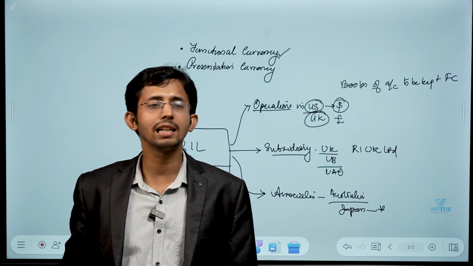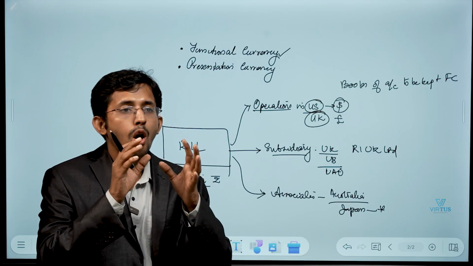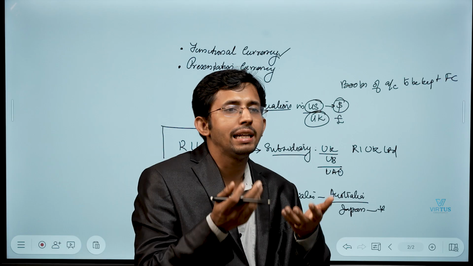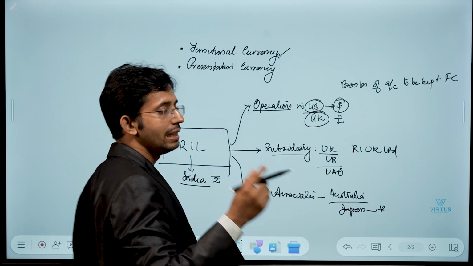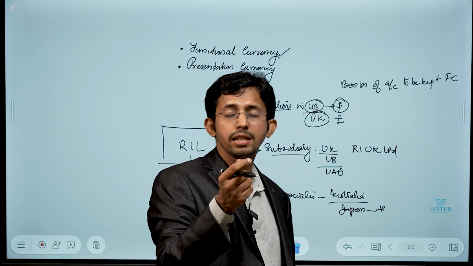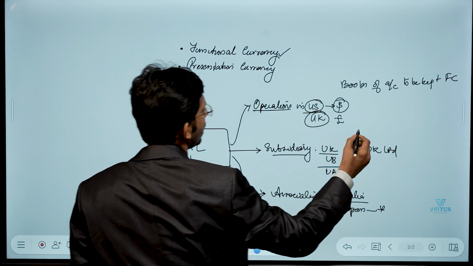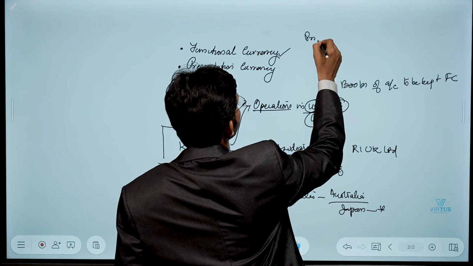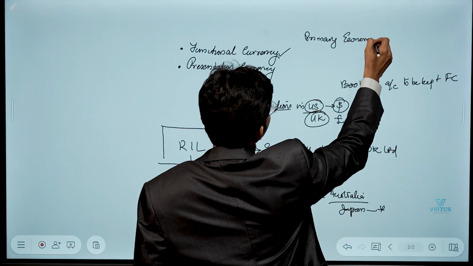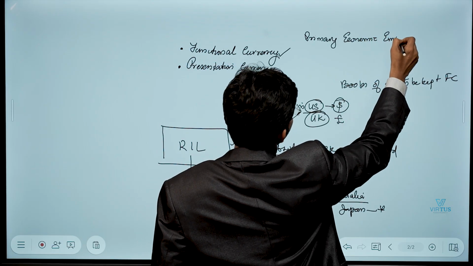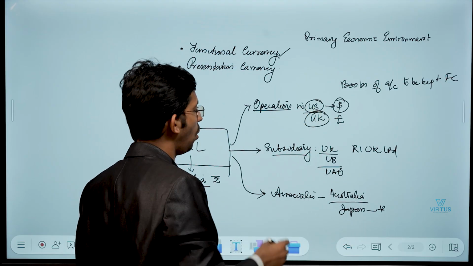So what is functional currency? Functional currency is the currency of the primary economic environment in which it operates. So functional currency is the currency of the primary economic environment in which that operation or that entity.